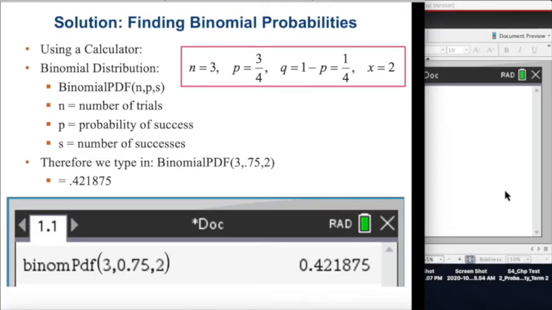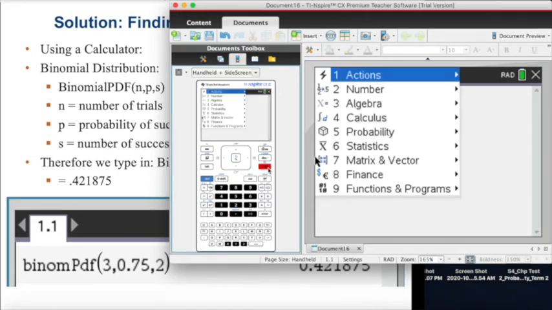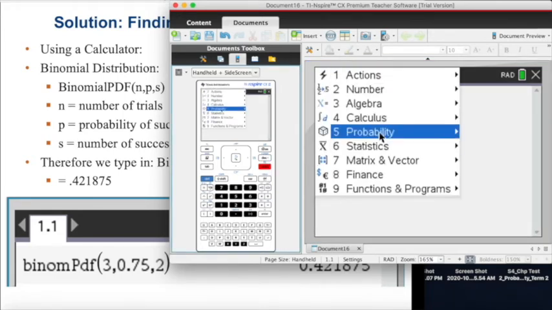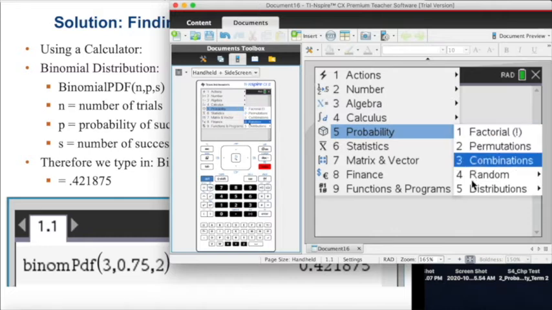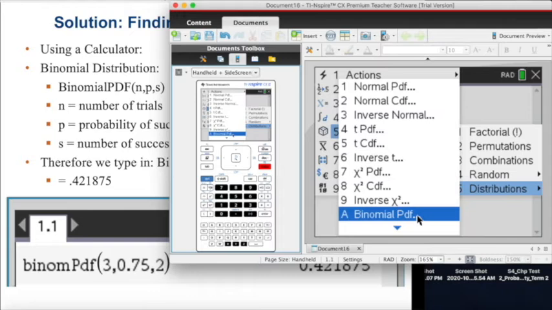The third method to find the probability of having 2 successful surgeries in 3 trials will be done using the TI calculator. So we go to menu, probability, followed by distribution, and then binomial PDF.